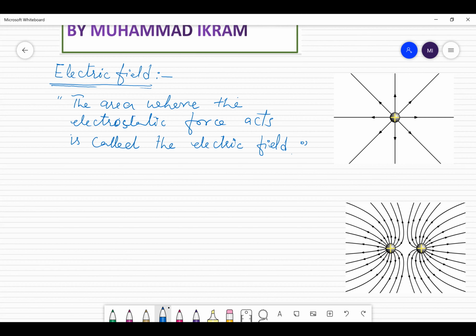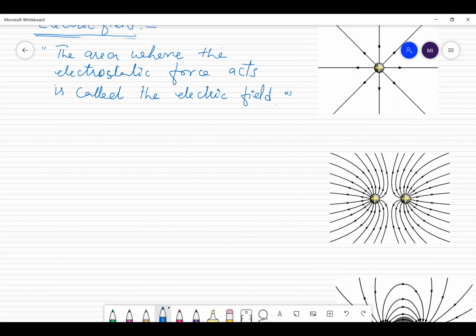Or simply you may say that it is the area or the region around a charged particle where the electrostatic force acts, or where the electrostatic force can be experienced, is called the electric field.